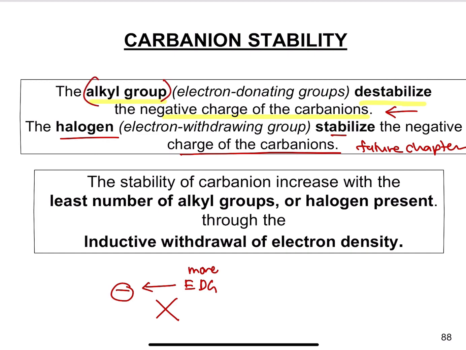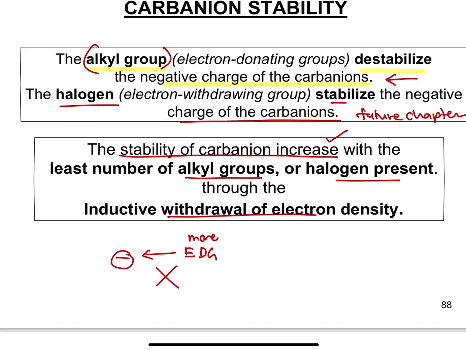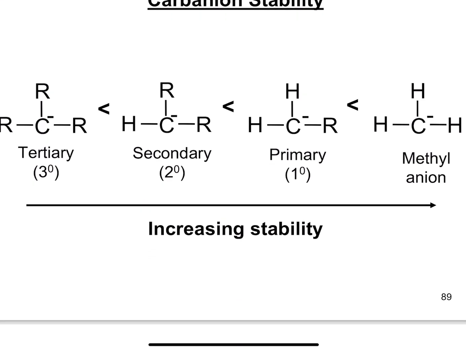So alkyl groups will destabilize carbanions. So less number of alkyl groups, okay, stability of carbanion increases. All right. So halogen ni we leave it for the next further chapters. Future chapters lah. Okay. So here we have an example.